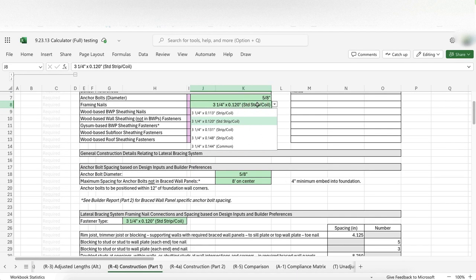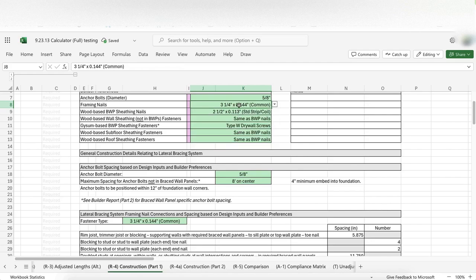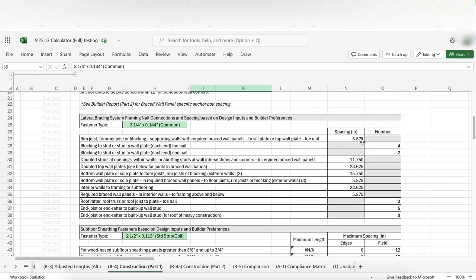So for example, this reference here is the reference for the common nail that is referenced in the code. You can see it's a 1.44 or 0.114 of an inch. If we put that in for our framing nail connections, I'll have a look at that.